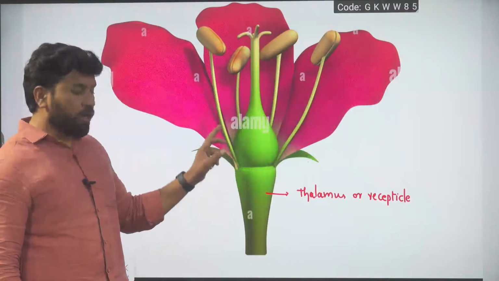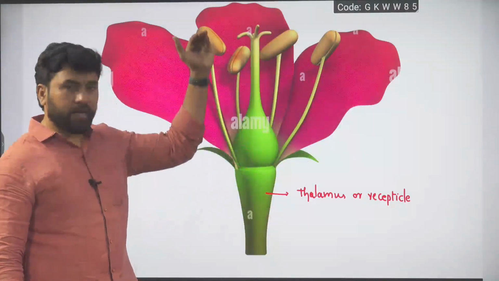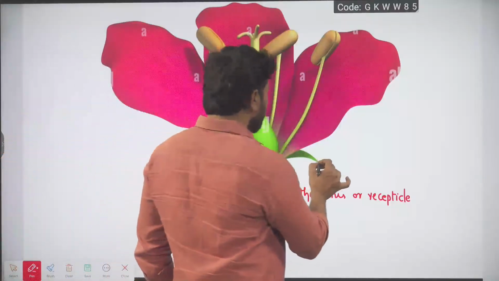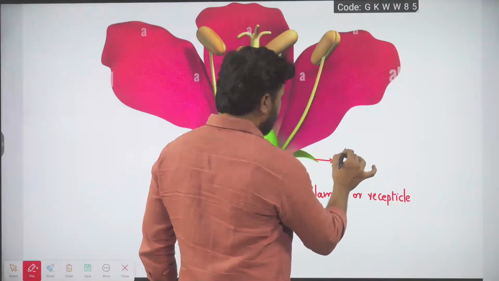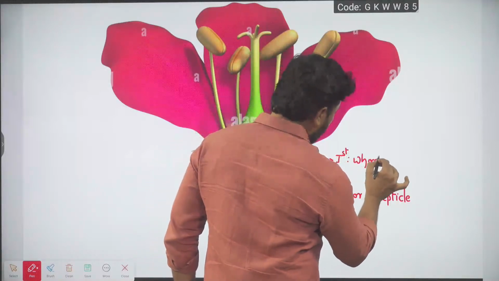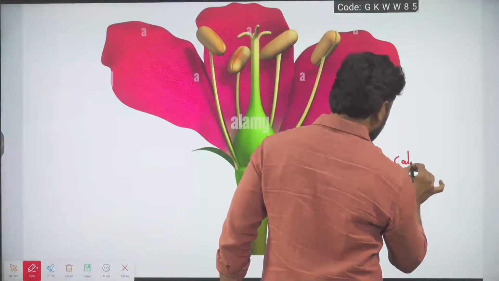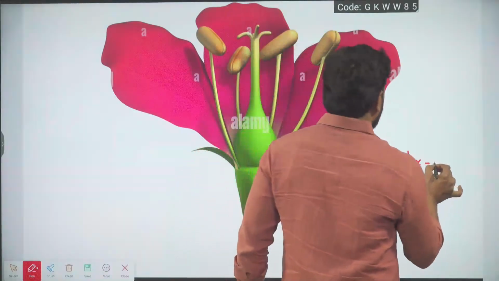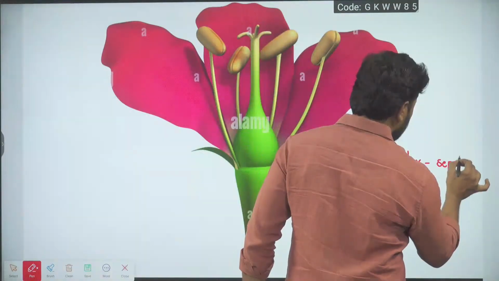Then on the thalamus, or the base of a flower, floral organs develop successively. The first whorl is called the calyx. Inside the whorl, each individual member is called a sepal.